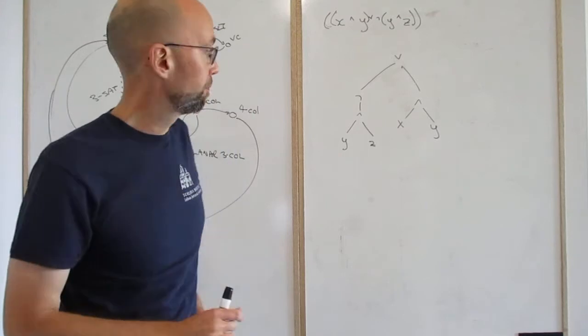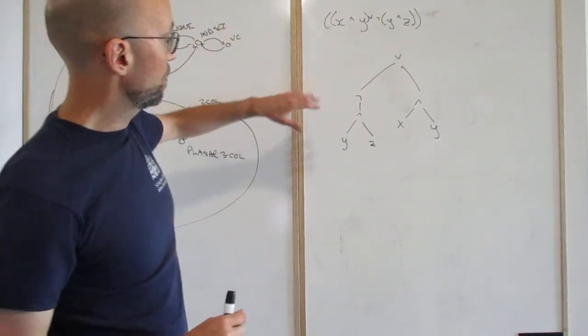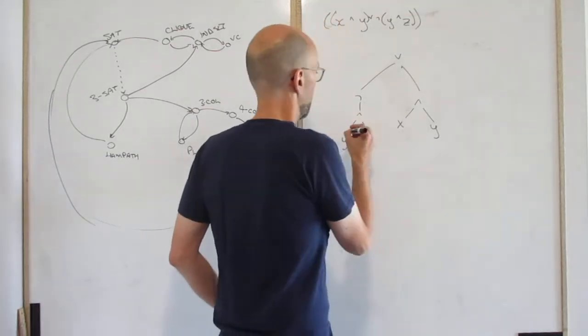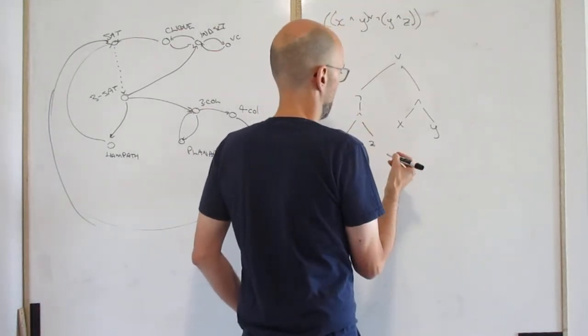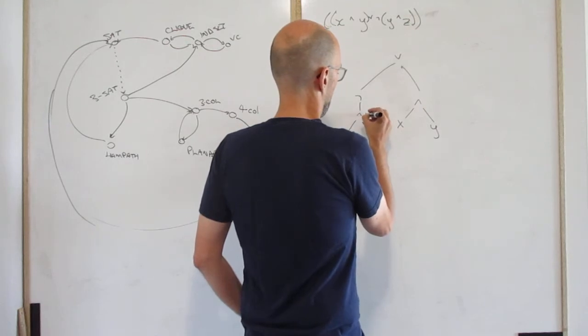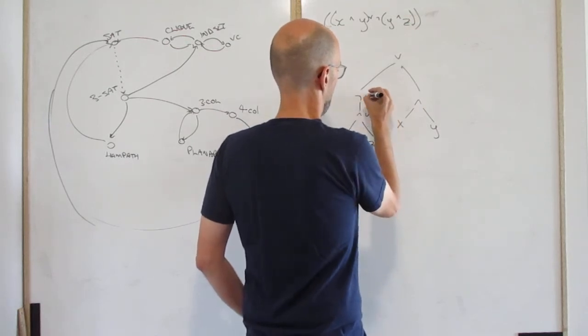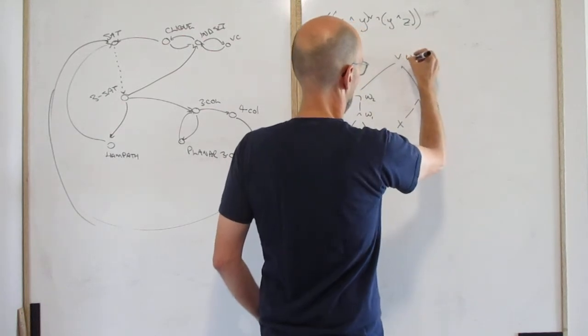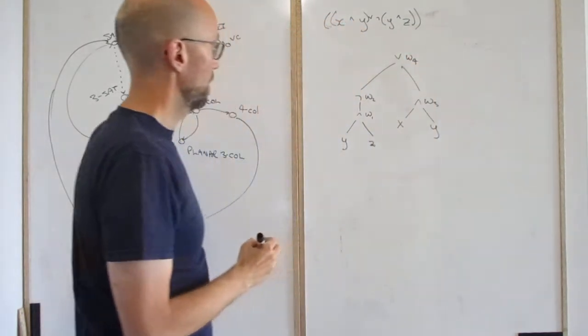So, how are you going to do this? Well, for each of these things, you're going to have a W1, you're going to have a W2, you're going to have a W3, and you're going to have a W4. Okay?